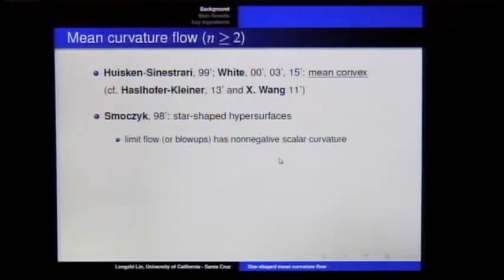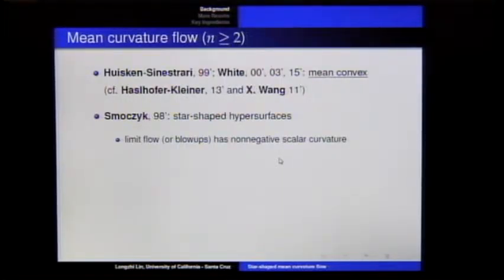In the other direction, without assuming convexity, either strict convexity or mean convexity, Knut Smoczyk in '98 studied the mean curvature flow starting with star-shaped initial hypersurfaces. Star-shaped means the support function, the position vector paired with the normal, is positive.